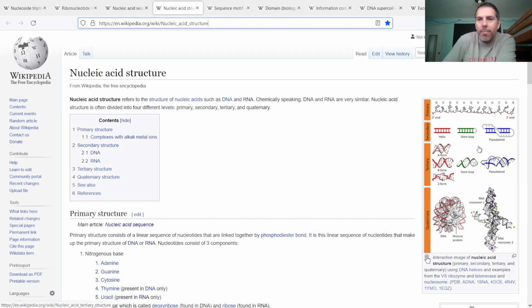So once you have a string of nucleotides, they can start forming double-stranded or various helices, various structures, analogous to the protein structures of primary, secondary, tertiary, and quaternary.